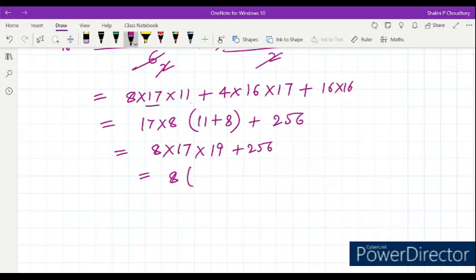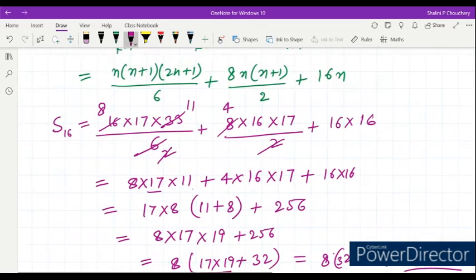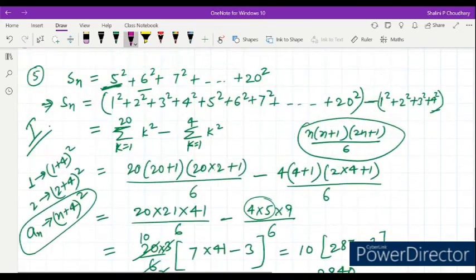So 17 multiplied by 19 plus, when we take 8 common, we'll get 32 this side. So what value will we be getting? This 19 into 17 will be 323. So 8 multiplied by 323 plus 32. So the total value will be 2840. Okay, so we get the same value by solving with any method.